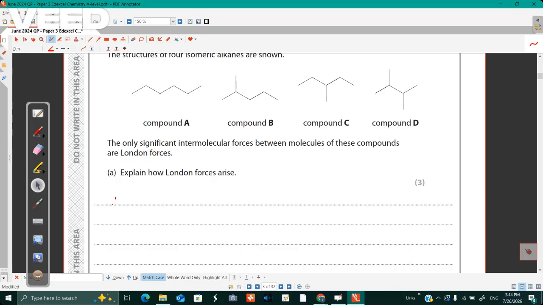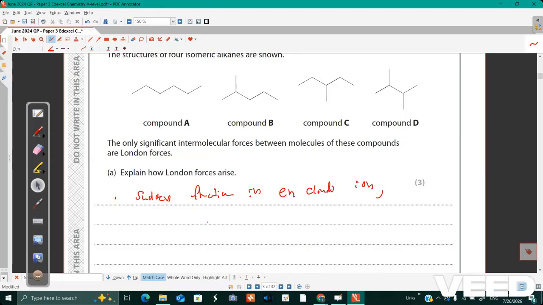Yes, it is occurring due to the sudden differences, right? Sudden fluctuations in the electron cloud of any covalent bond between two atoms, right?